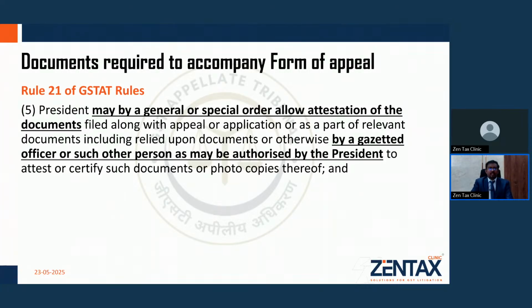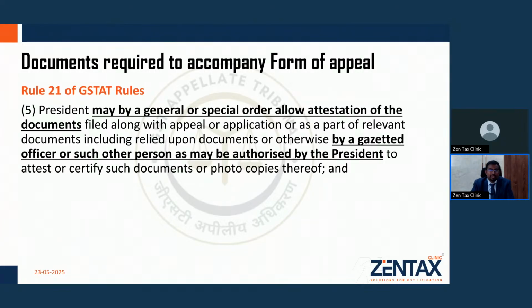Talking about this attestation, the president of the GST Appellate Tribunal may, by a general or a special order, allow attestation of the documents filed along with the appeal by a gazetted officer or such other person as may be authorized by the president also.